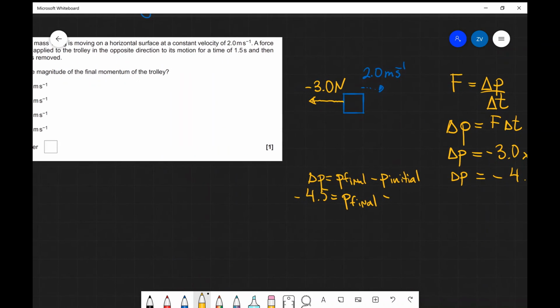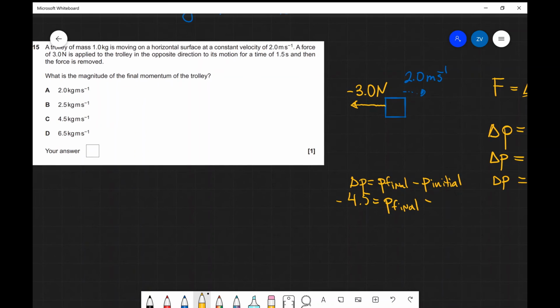Well, that we do know, because the initial momentum, P initial, is simply the mass times your initial velocity. Now if the mass is 1 kilogram and if the initial speed is 2 meters per second, that is going to give us a value for the initial momentum of just 2.0 kilograms meters per second to the power of minus 1. It's going to be plus 2.0.